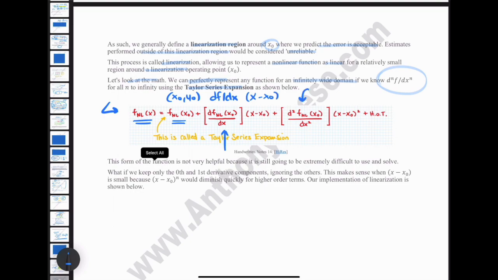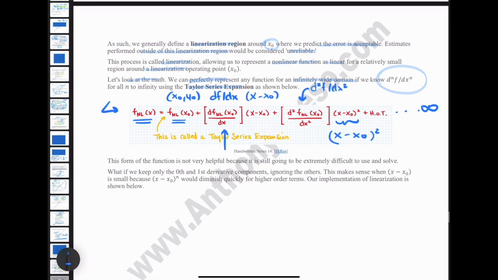Then we take the second order derivative, d squared f/dx squared, and we multiply it by (x minus x0) squared. And we go on and on and on till infinity. Now, if we do that till infinity, we will end up with a completely accurate representation of our circuit.